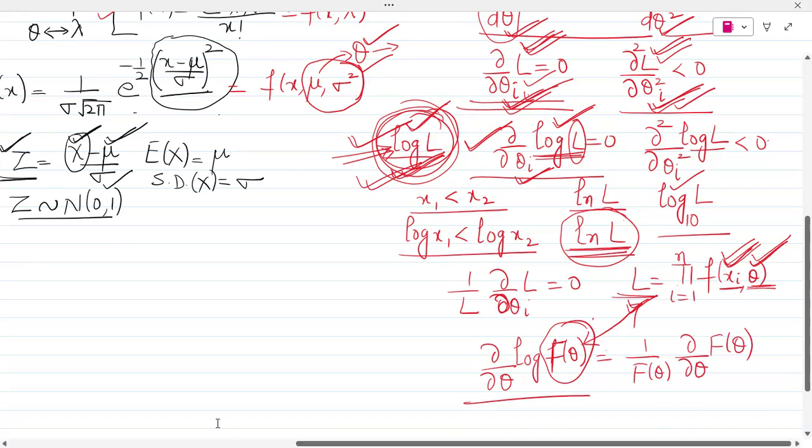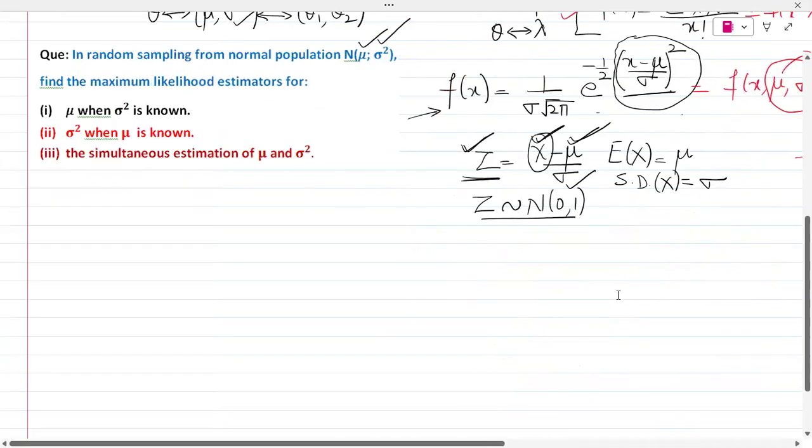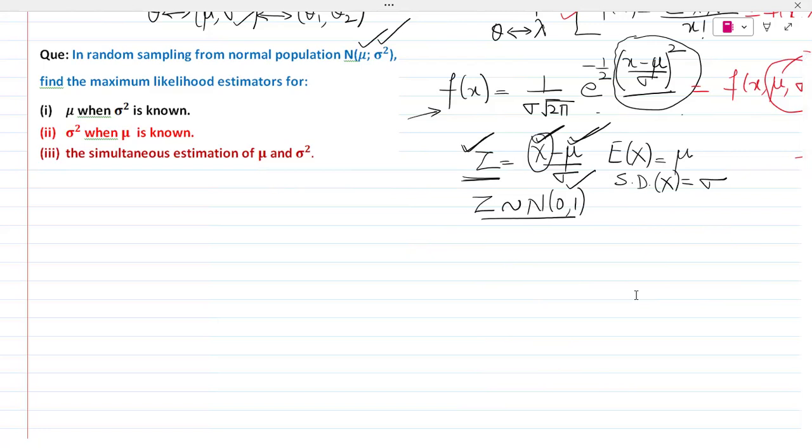Now, let's see a question which is more important for us. We have a random sample from a normal population. We have to find the MLE for mu when sigma square is known, that is, the value of the unknown parameter mu which will maximize log L and hence L. Similarly, the MLE for sigma square when mu is known, and the simultaneous estimation.